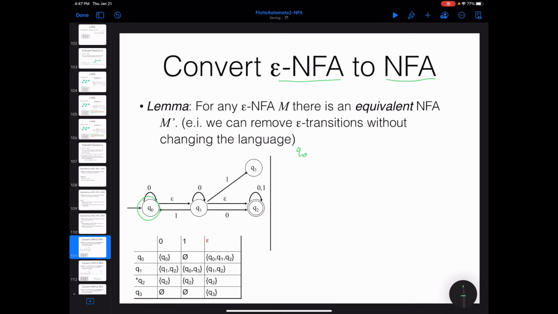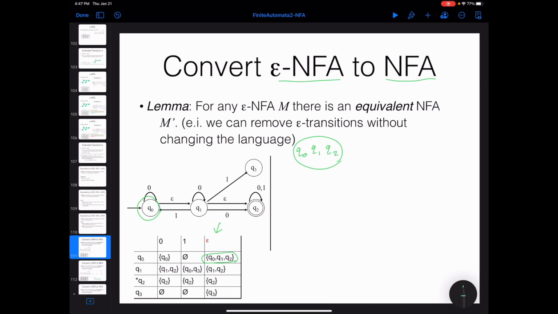So again, I'm telling you, whenever you have an epsilon NFA, before doing anything, calculate the epsilon closure, or E-close, for all of the states. So if I am at Q0, basically it means that I can be at Q0, Q1, and Q2. So the starting state in your DFA basically is going to be Q0, Q1, and Q2. So I'm going to have one state for Q0, Q1, Q2 in my DFA. This is going to be the equivalent DFA.